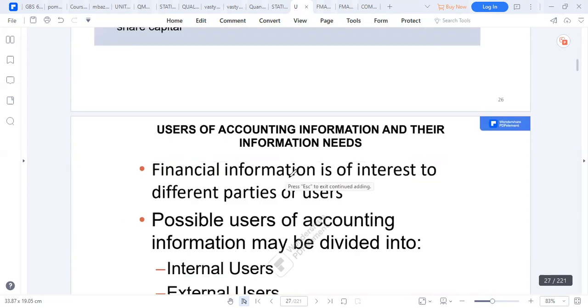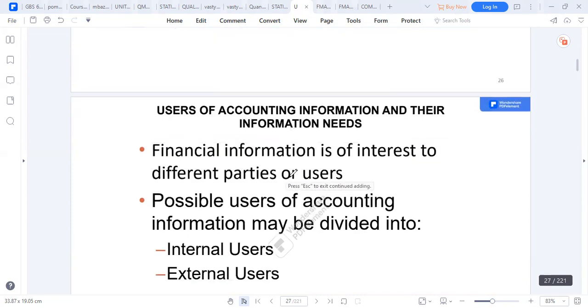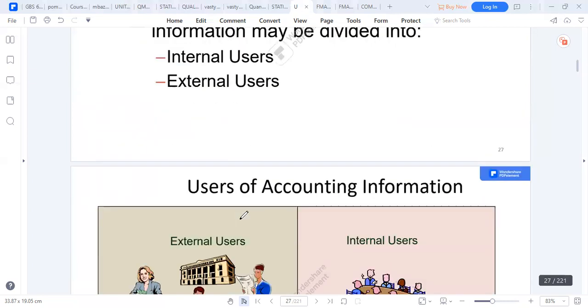We're going to look at the users of financial accounting information. We have custodians of financial accounting information, and other parties will need access to it because it may be of interest to them. So we have internal and external users of accounting information.